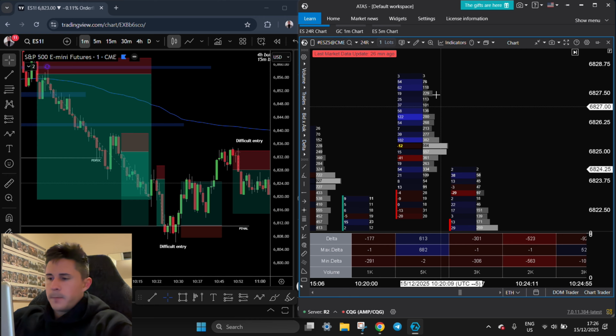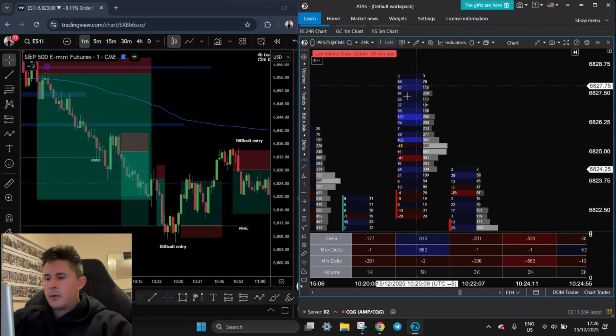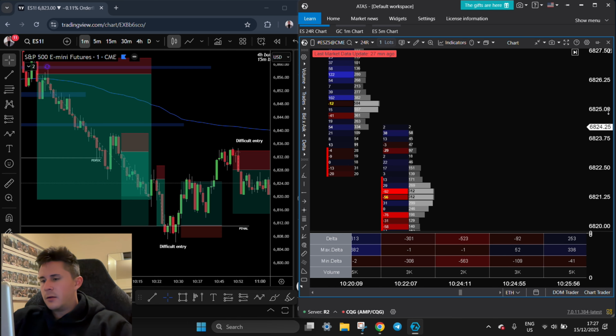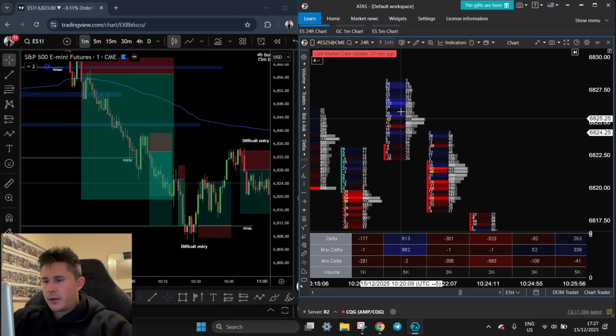What do you see? Trap buyers, a big wick to the upside, indicating a lot of what? Selling pressure. And even if you look at all those strong numbers, it went from 682 to 613. Where did it go? Candle ended up red. It's a divergence candle. Did it go up a lot?